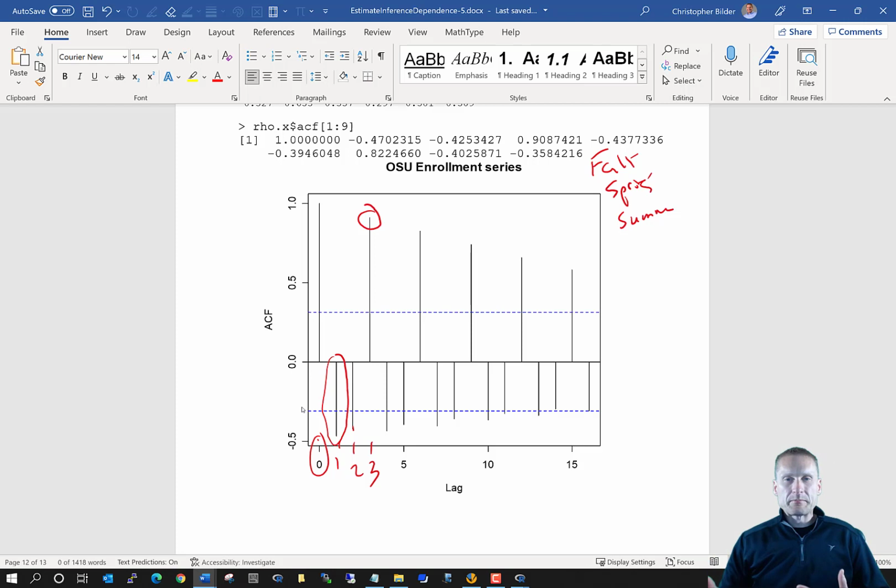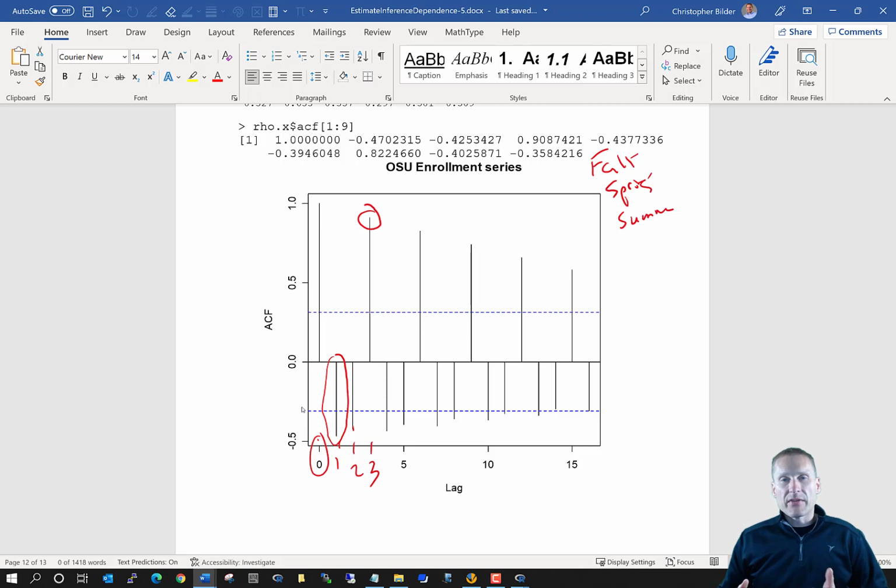Well, why? What this is basically saying is as follows. Let's compare fall 1989 enrollment to fall 1990, to fall 1991, to fall 1992. If you go back to the original plot of the data, you can see that we have similar values. We always have similar values for those corresponding falls.